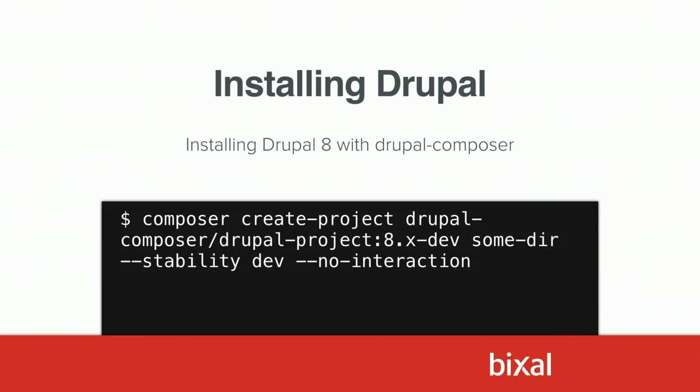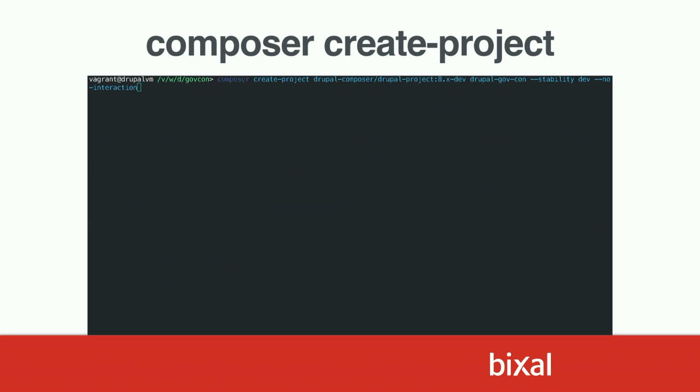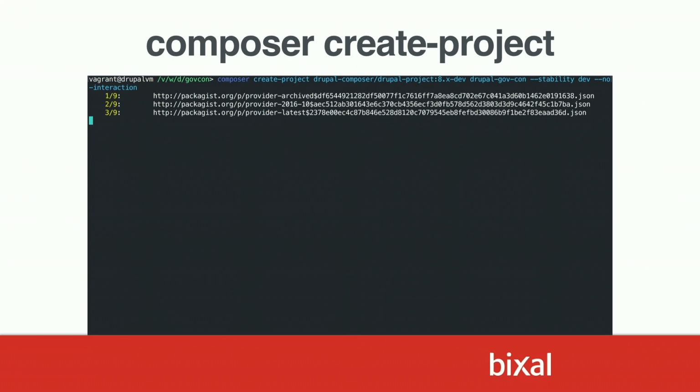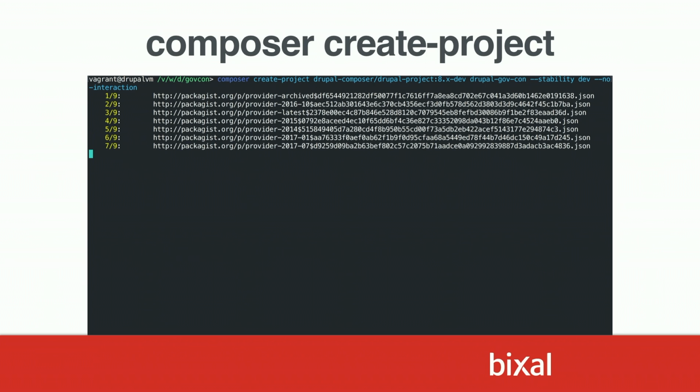So I'm going to start installing Drupal using Drupal Composer. So this is like the default or the best or the most supported way of installing Drupal now, using the Drupal Composer project. It's basically running that command, and that command will get all the dependencies that we need for Drupal to run.